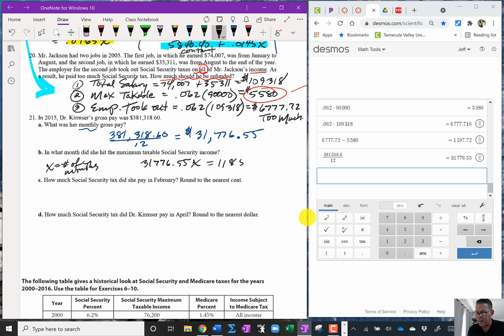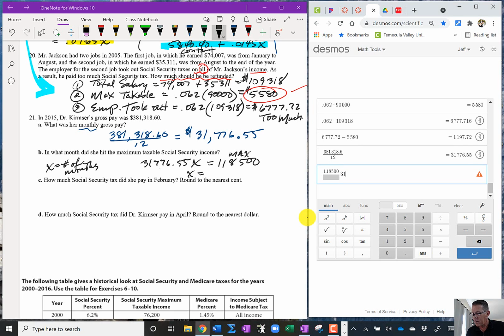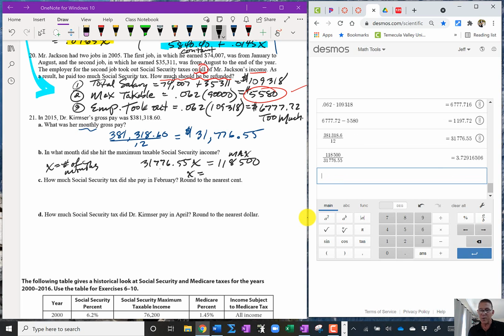Now, how much Social Security tax did she pay in February? Since the max occurred in April, she paid the same amount for the first few months, so we have to calculate that. She pays 6.2% of the annual, which means she pays 6.2% of the monthly.